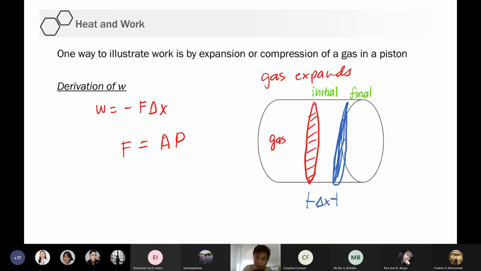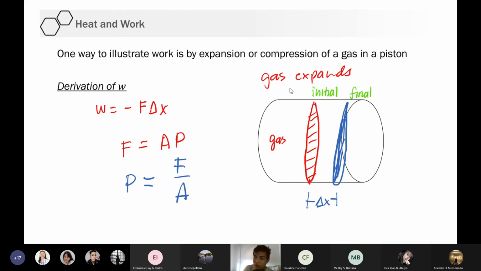Okay? So we can rewrite this as P equals F over A. So the pressure is force over area, yun yung nasa prob set natin. Pero if you rewrite that, the force is area times the pressure. Mahirap i-measure itong force, ang madali i-measure ay yung pressure.